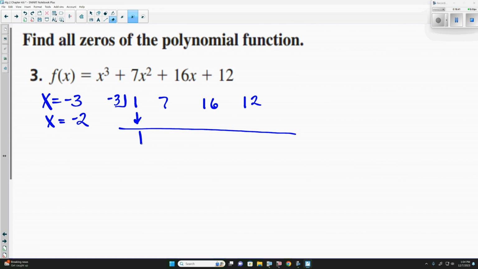So we do have 2. We need 3. Hit y equals. You're missing a plus in front of the 7. So cursor over to the right.